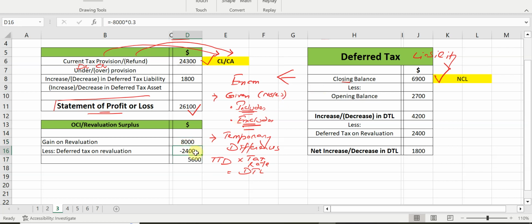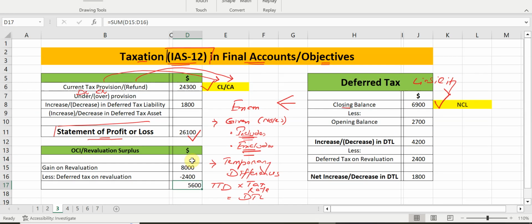So 5,600 is the amount that will go in the revaluation surplus and the other comprehensive income. So this is how you deal with the deferred tax within the final account question or the single entity company question, and the objective test questions and the objective test case questions.